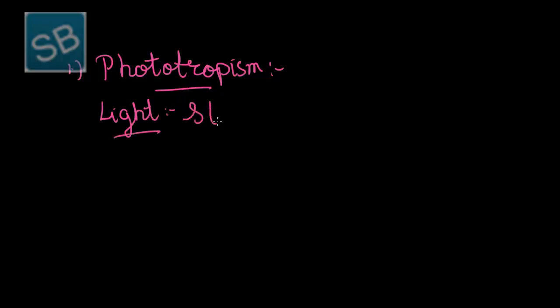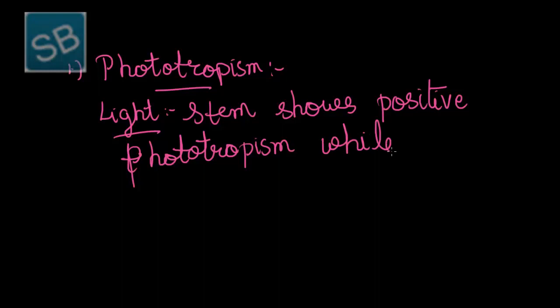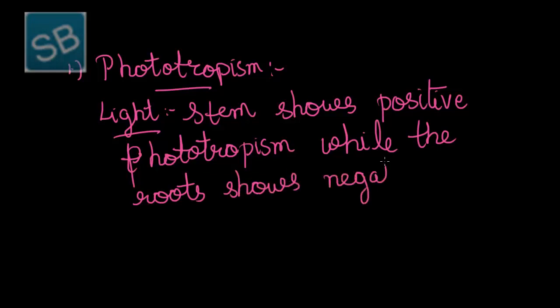Here, in this type of movement, the stem shows positive phototropism because it grows towards the light, while the roots show negative phototropism. The second type of tropism movement is geotropism.